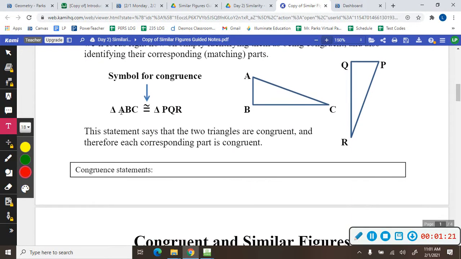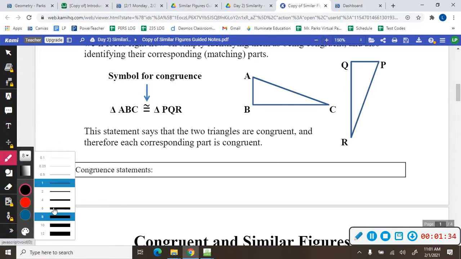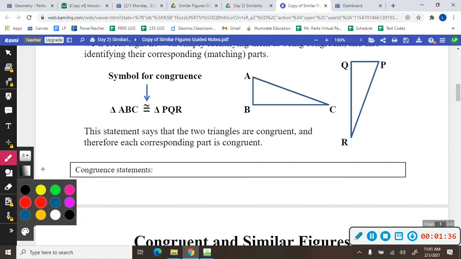So when I look at this congruence statement, that means that angle A is congruent to angle P. So if I were to look at this, angle A, this angle right here, is equal to angle P, because they're in the same spot.